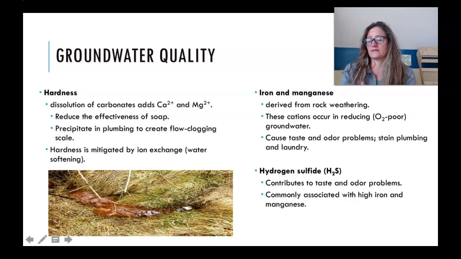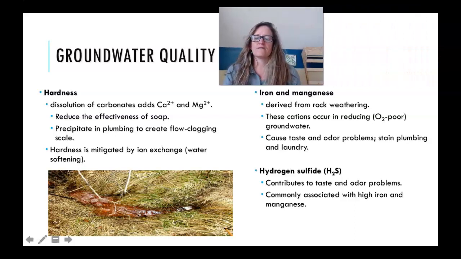So iron and manganese, the groundwater just flows through the bedrock and picks up those metals. It can taste bad. Usually it's not bad for you to have those in there. It'll just taste bad, and it might mess up your plumbing or maybe stain your laundry, and it won't clean as well.